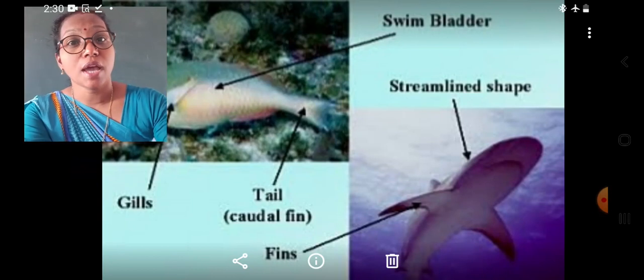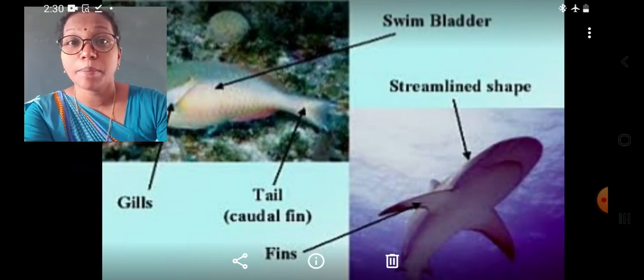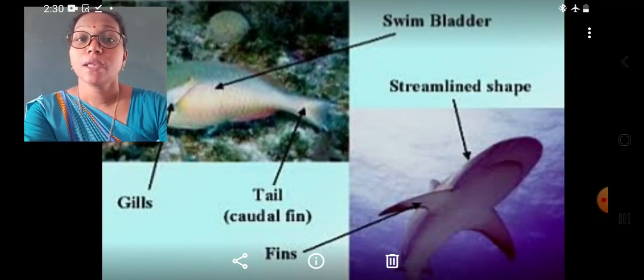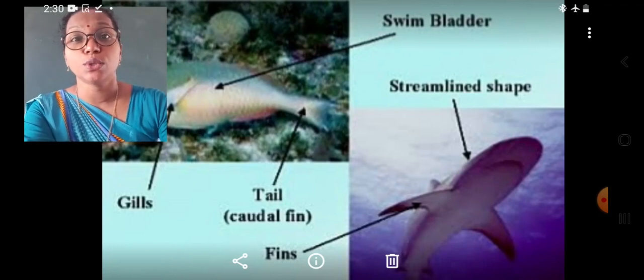When the blood carries this oxygen to other parts of the body in a fish, there occurs the respiration and carbon dioxide is produced. This carbon dioxide comes back to the gills. It mixes with the water and the carbon dioxide containing water goes out through the operculum.